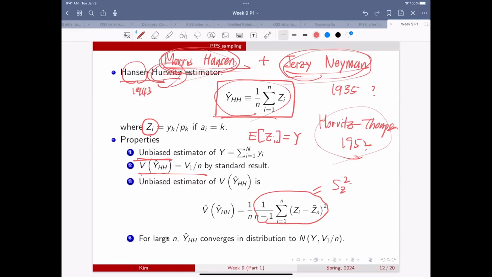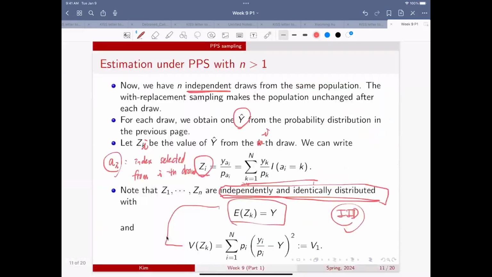So that's like n p_k. So this Z_i is defined to be this one. It seems to me you're trying to make it equivalent to Horvitz-Thompson, in some sense. Right.